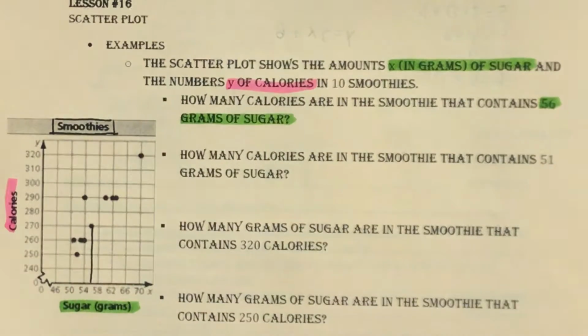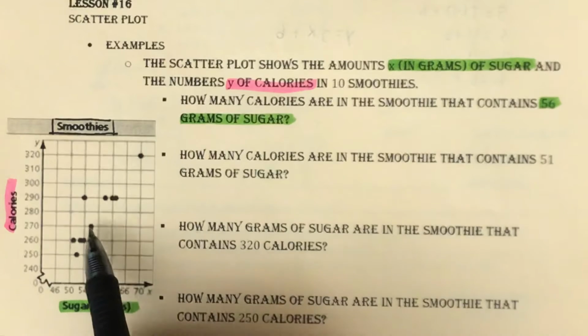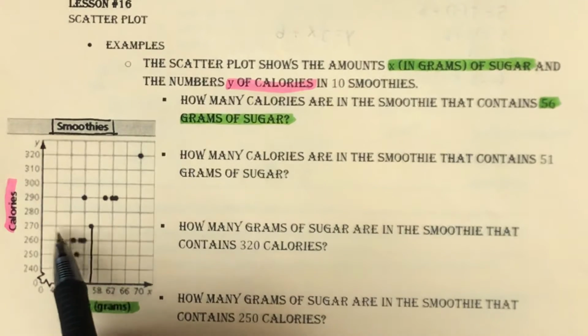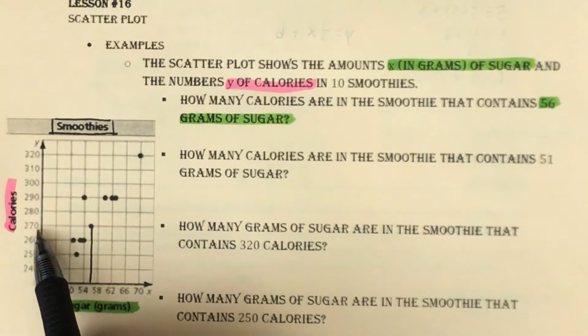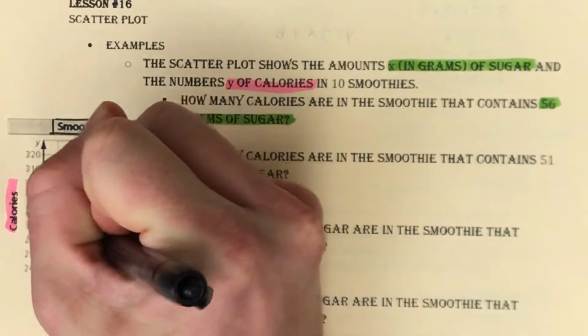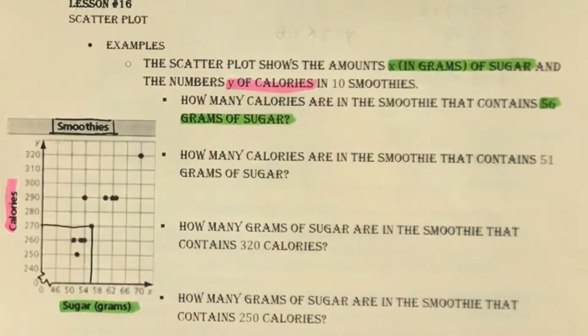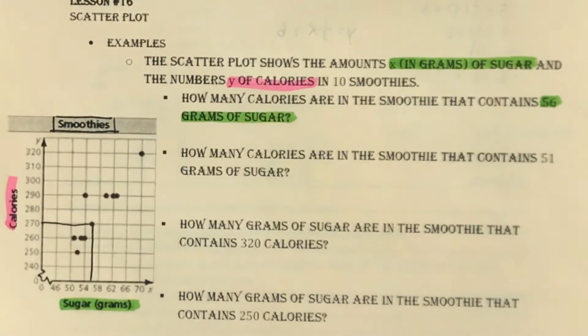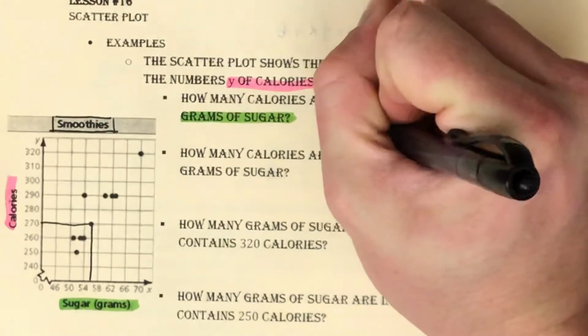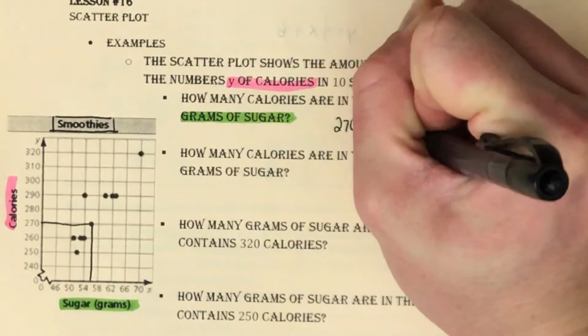And so there is the dot. Now I need to figure out how many calories are in that smoothie, because that's what they asked me. Well, if I go all the way across here, I see that it is even with 270 calories on the y-axis. And that would be my answer. I would simply say 270 calories.